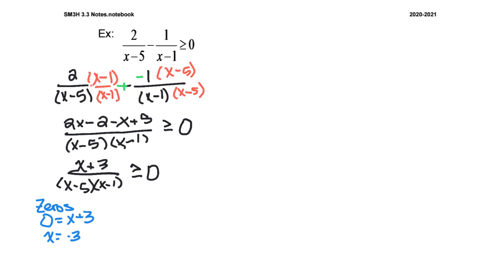Then we set the denominator equal to 0 to find our undefined values, because that's where we're pretty much excluding those values. So I set x minus 5, x minus 1 equal to 0, and my undefined values are 5 and 1.